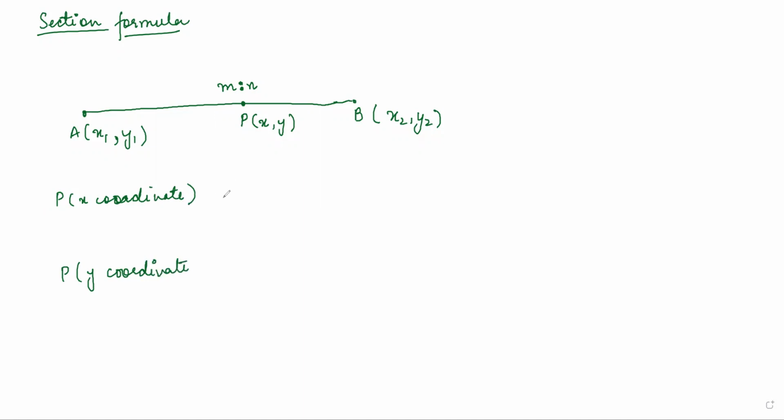P x coordinate will be equal to m into x2 plus n into x1 divided by m plus n. So x1, x2 are coordinates of A and B. Similarly, the y coordinate is m into y2 plus n into y1 divided by m plus n. So that's the formula.